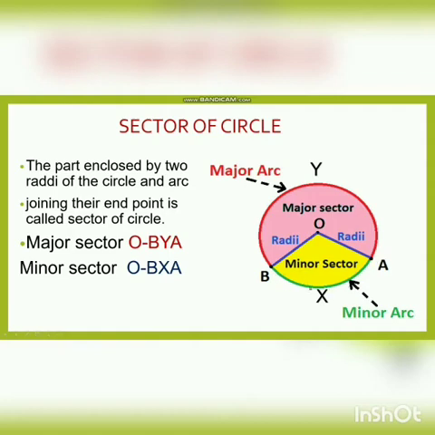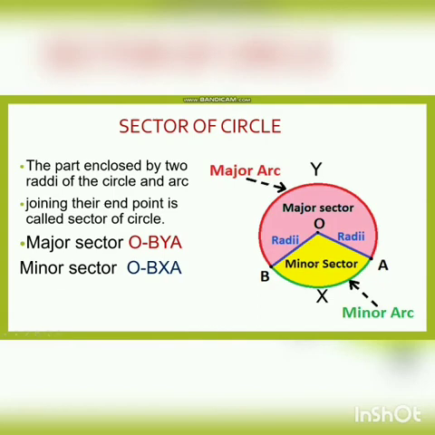To calculate the area of this minor sector, you can use the formula of the area of a circle, pi r square, where we take the radius as small r and the center angle as theta.